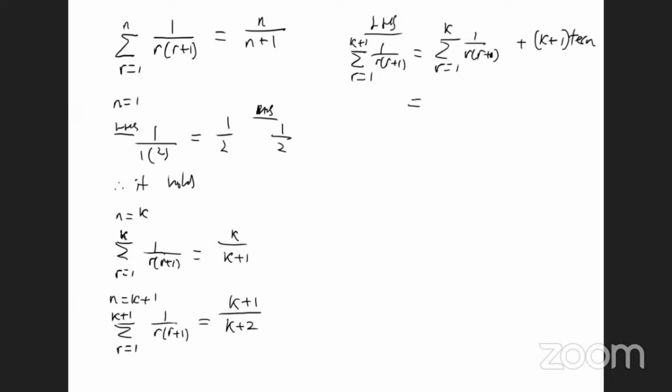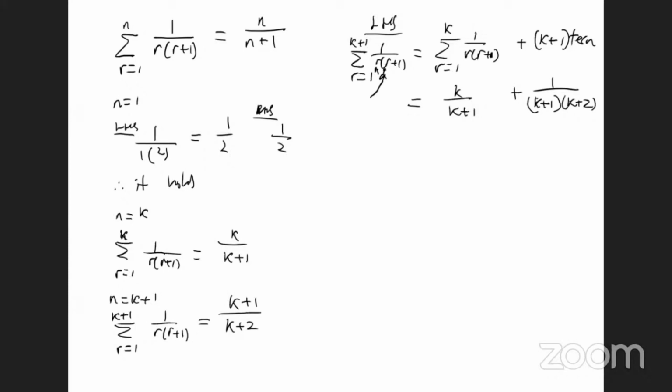So the summation here will be k over k plus 1. The k plus 1 term is putting k plus 1 in that fraction. So that will be 1 over k plus 1 by k plus 2. So your denominators will look like that, k plus 1, k plus 2. Remember substituting here, I substitute for r here and r here.